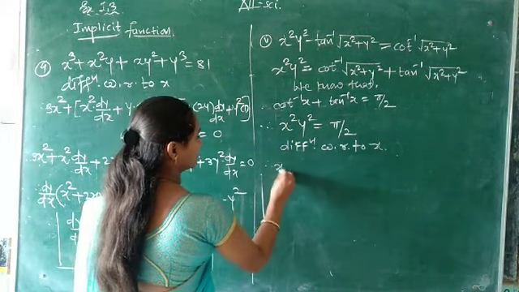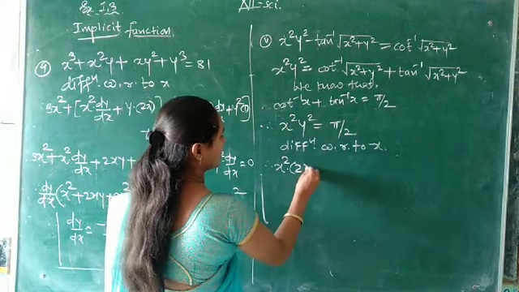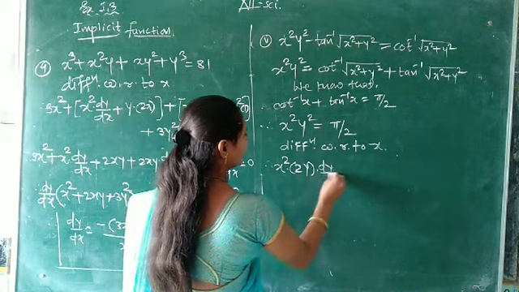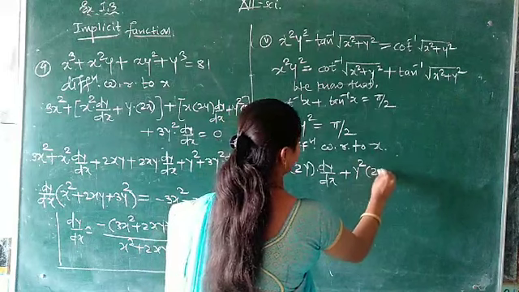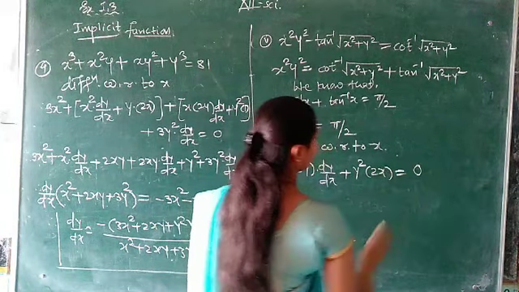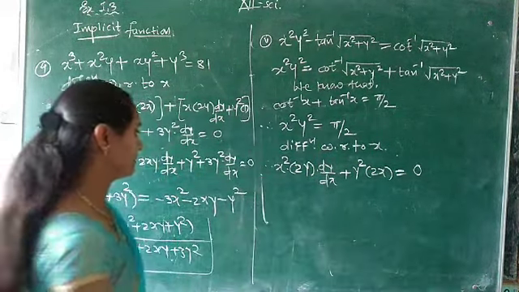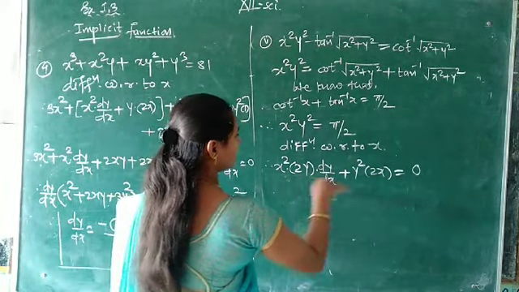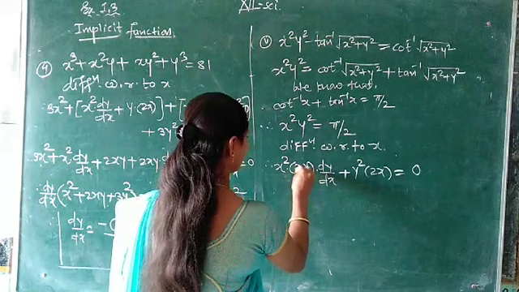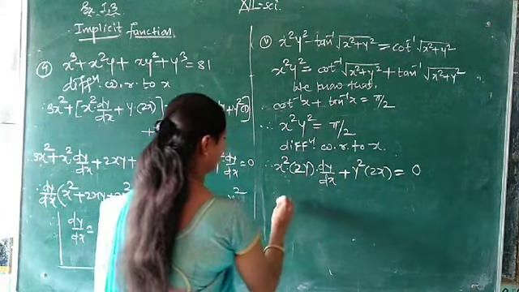So use the product rule: x square into the derivative of y square, 2y dy upon dx, plus y square as it is into the derivative of x square, 2x, is equal to the derivative of pi by 2, which is 0 because it is constant. Now take 2 common from this, or divide by 2 on both sides.